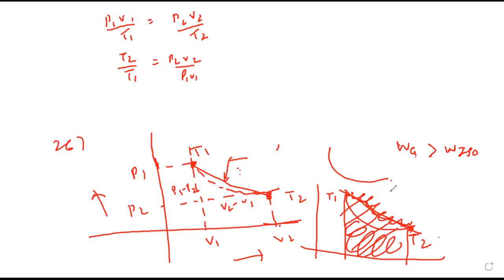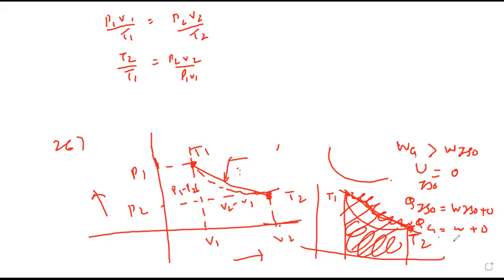Now what is internal energy in an isotherm? It is 0. So heat supplied in the isotherm will equal work done in the isotherm plus 0. And heat supplied in general is work done plus internal energy.